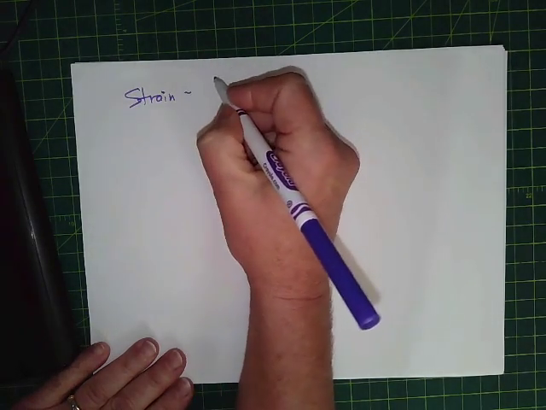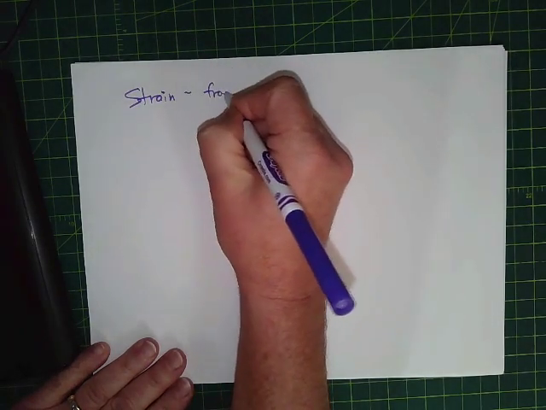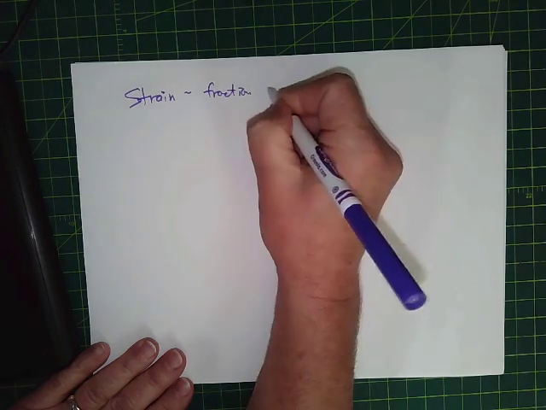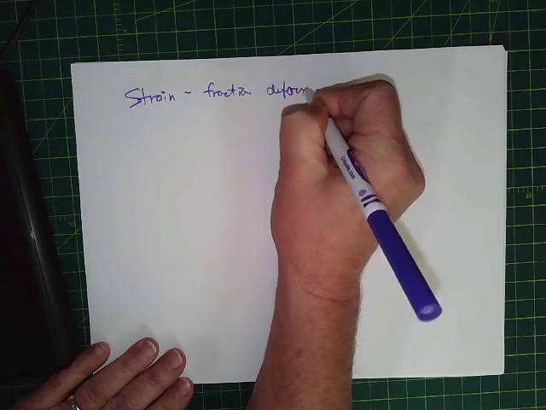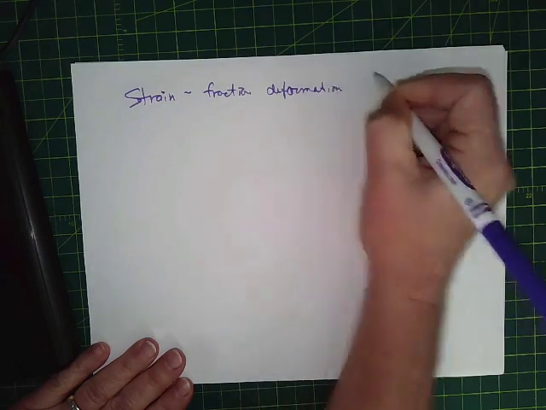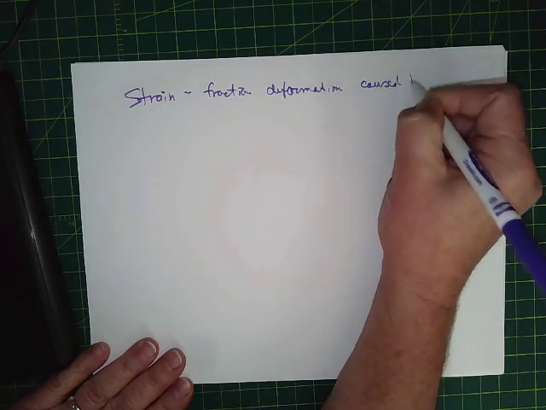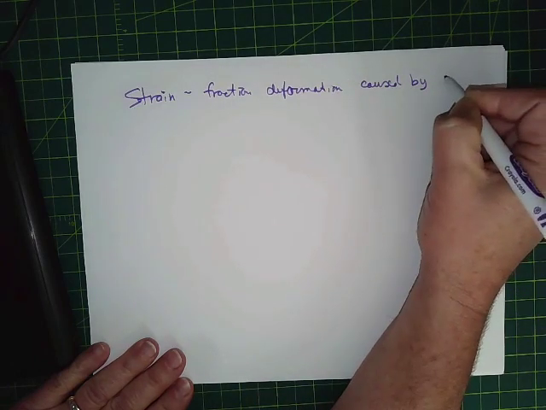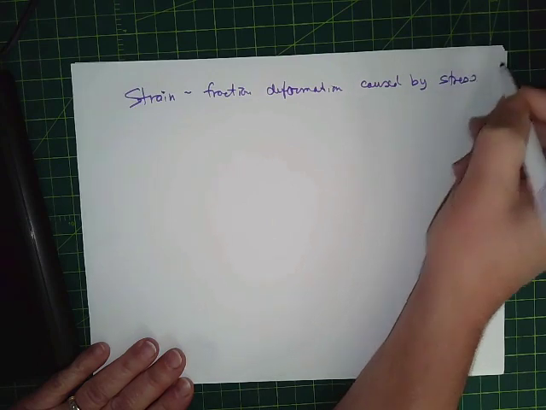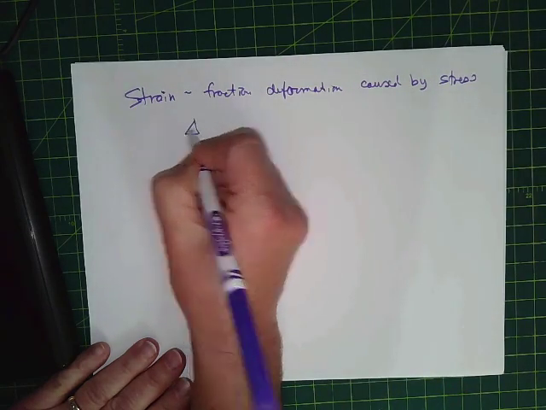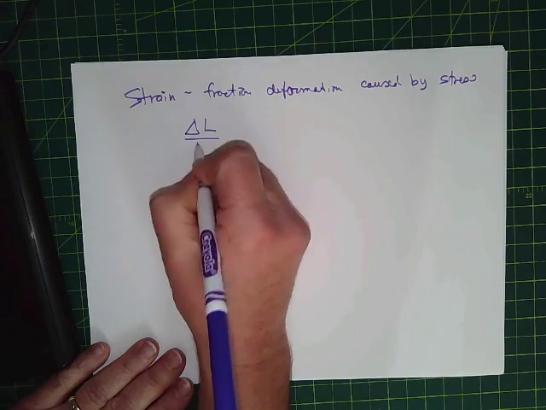Fractional deformation caused by stress. So strain is a change in length over the original.